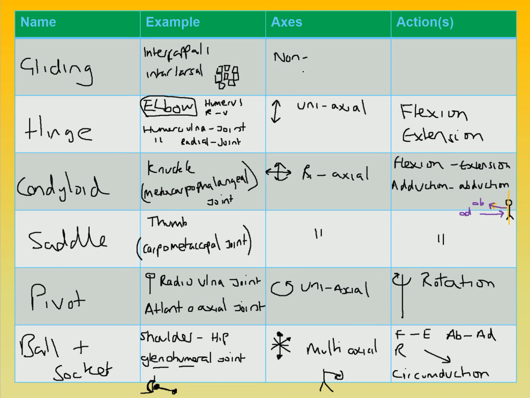They don't have really many axes. In fact, they don't have an axis of movement. They just sort of glide over one another, and so we just say that's gliding. But I think it's the least impressive, the least interesting type of joint in the human body. So there's some examples for you. Let's move on.